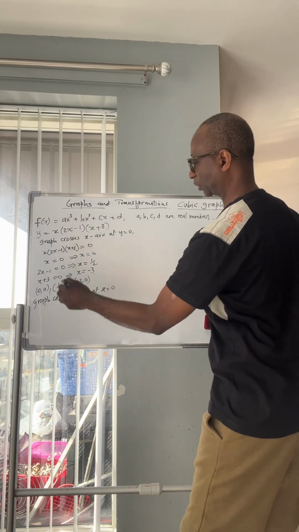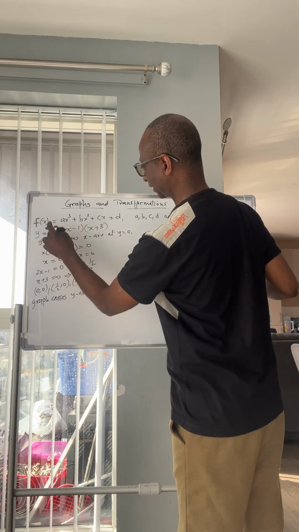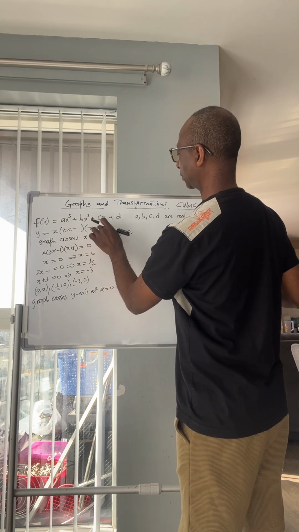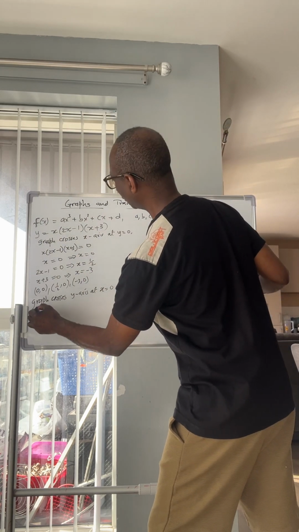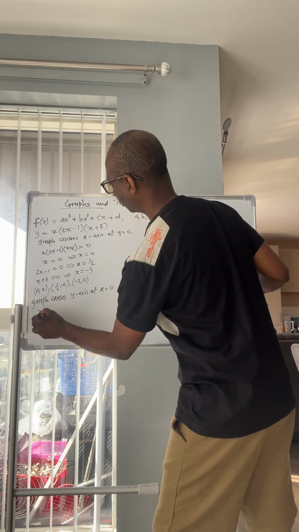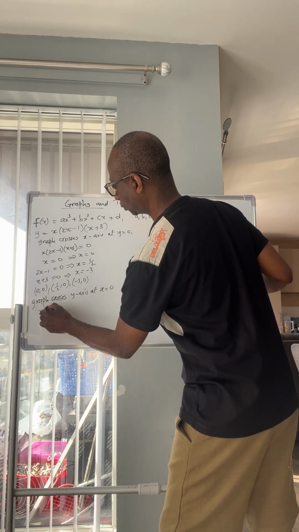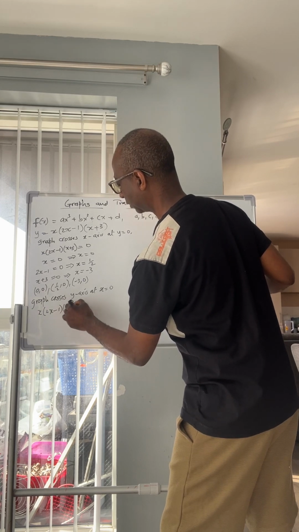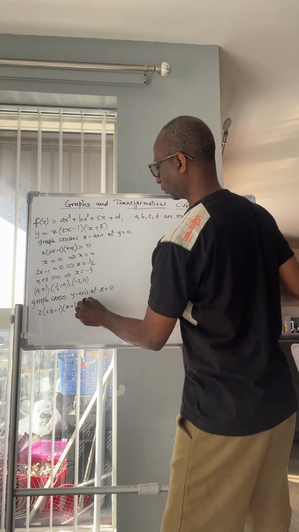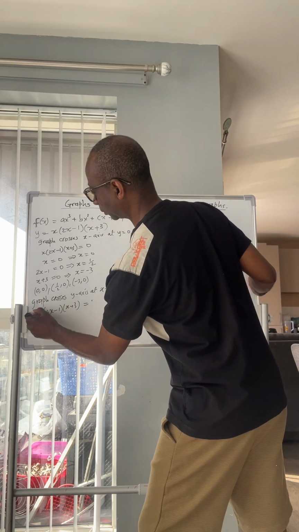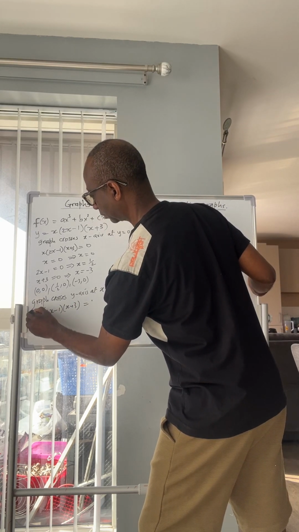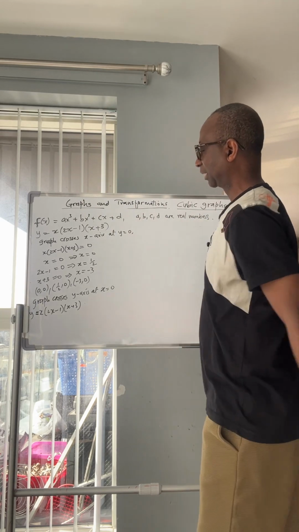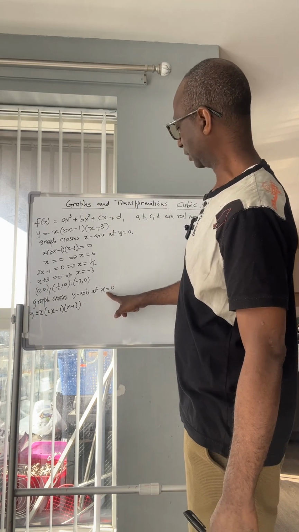So we have our function here, y equals x into 2x minus 1 into x plus 3. Now we put x equals 0.